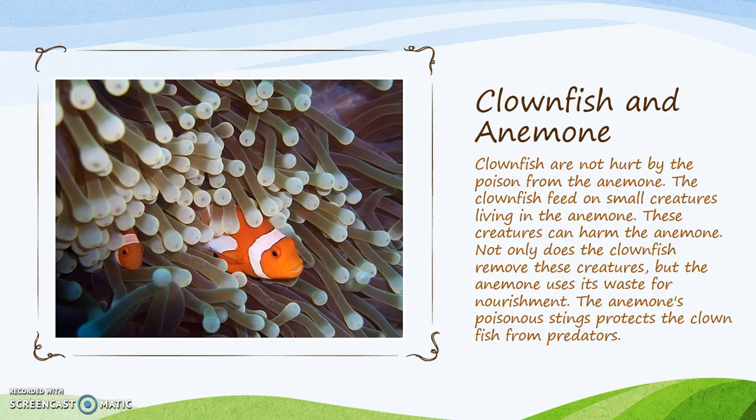But for clownfish, it doesn't sting them because that's where they live. So the sea anemone protects the clownfish from other fish that might want to eat it. But the clownfish, when they leave their droppings behind, that is actually food for the sea anemone. So again, another example of two different species helping each other, the clownfish and the sea anemone.